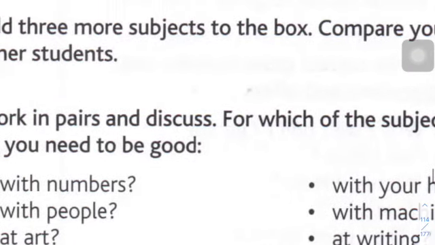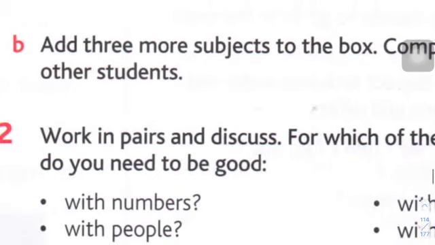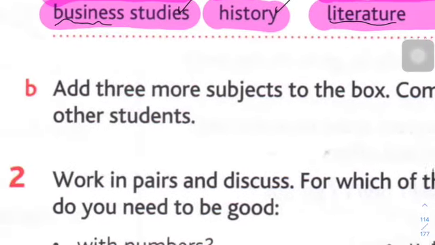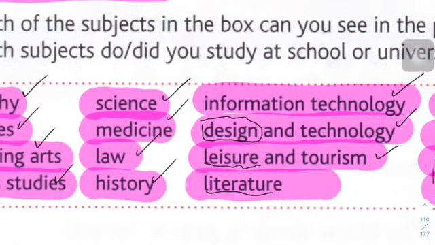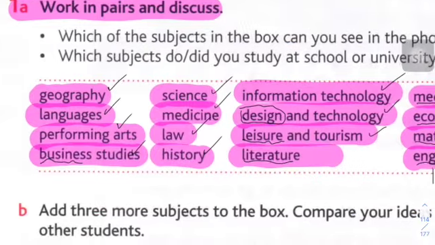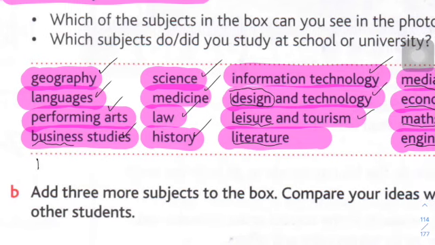Let's move to the other exercise. It says, add 3 more subjects to the box. Compare your ideas with your other students. Okay, so I know that you studied at school some other subjects that probably are not in this box. So in school we also studied religion.